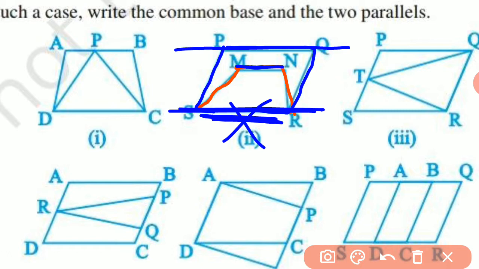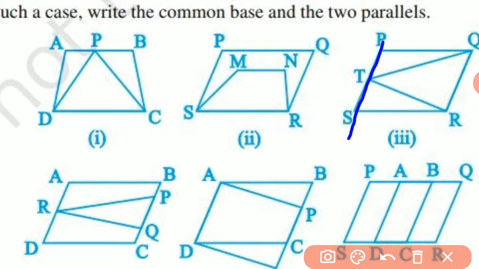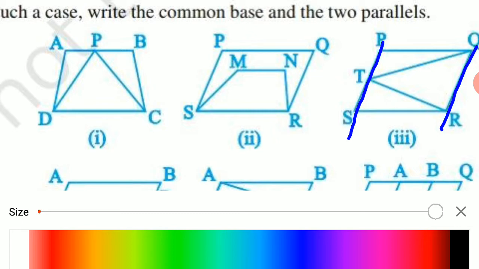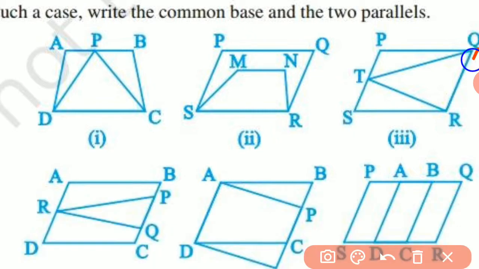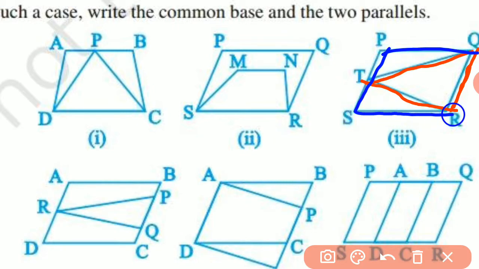Similarly, third, here these two lines are parallel lines and QR is the common base for this triangle and this quadrilateral PSRQ. They lie on the same base RQ and between the same parallels.